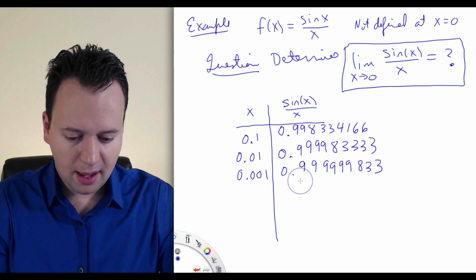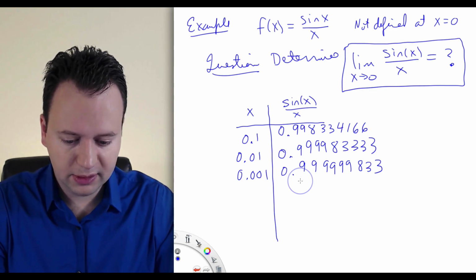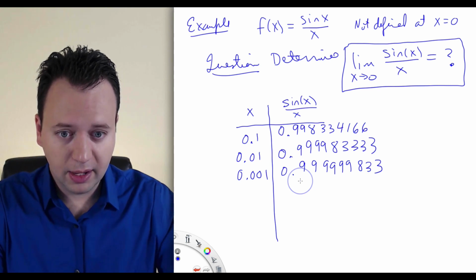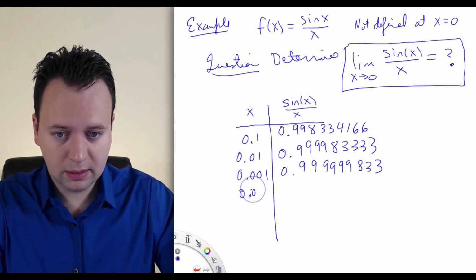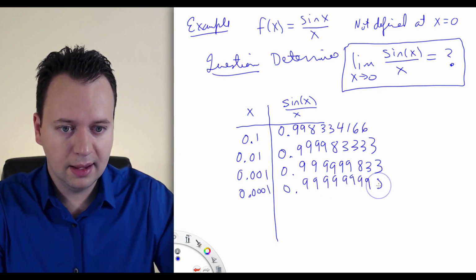So if we keep this up, 0.0001 sine divided by 0.0001, my calculator says 0.999999998.